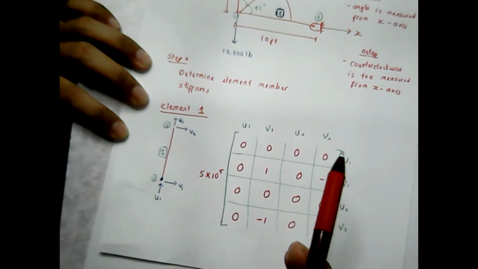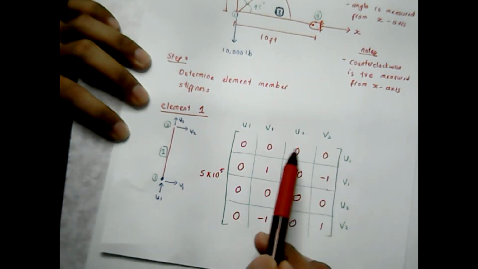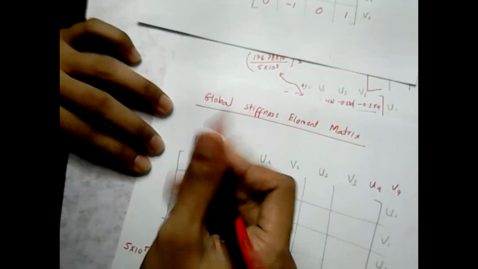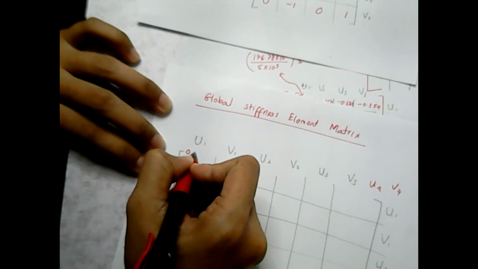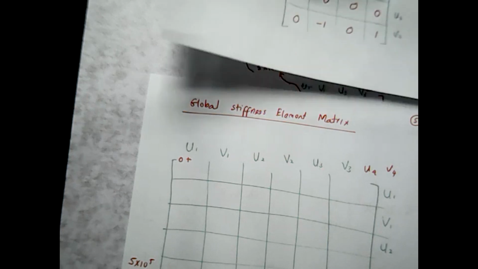Element number 1, u1 and u1 is 0. So here is 0 from element number 1, plus, let's look at element number 2, which is here.